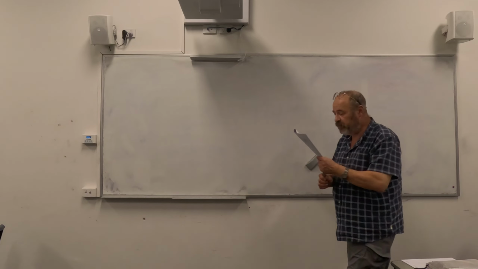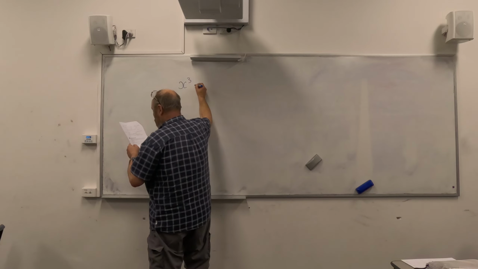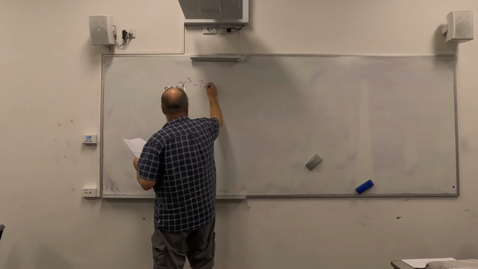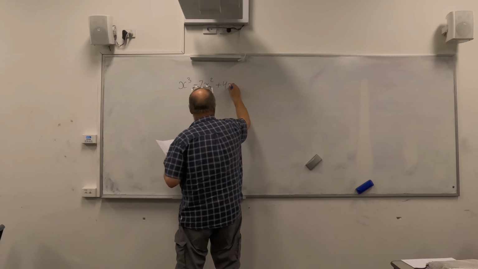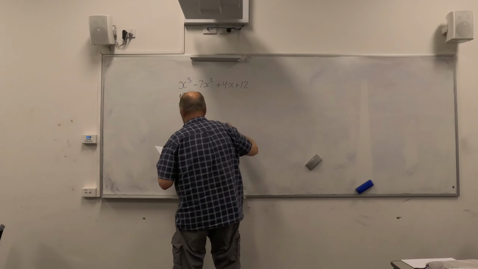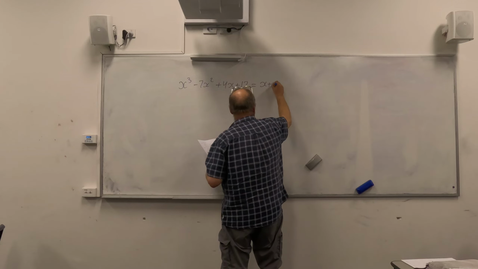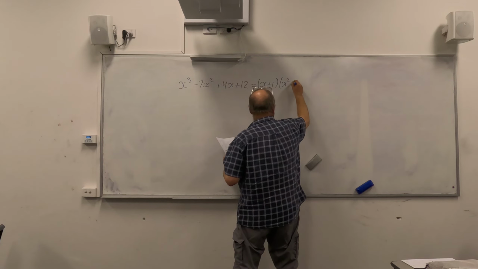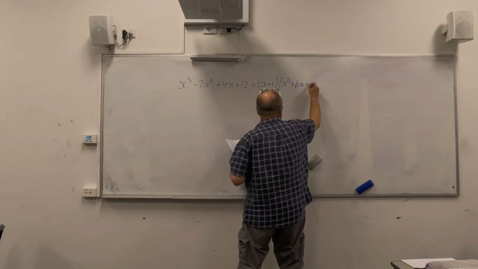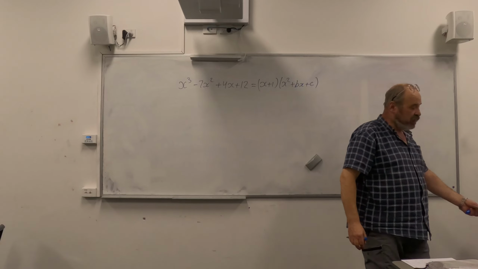So we have two polynomials: x cubed minus 7x squared plus 4x plus 12 equals x plus 1 times x squared plus bx plus c. And we need to find b and c.